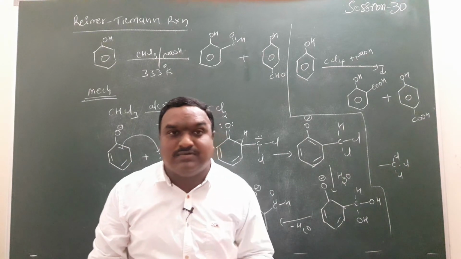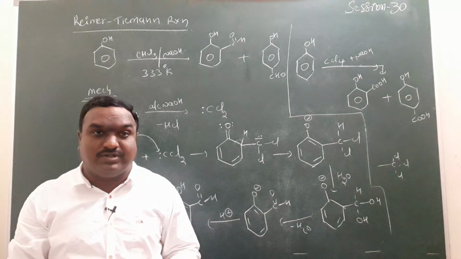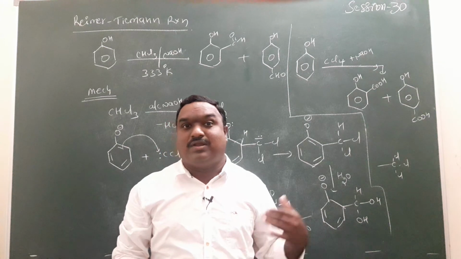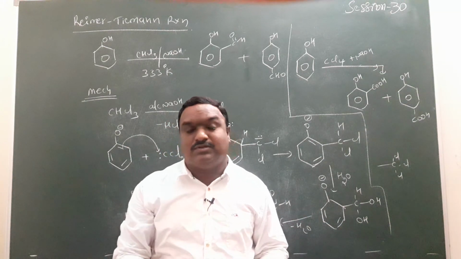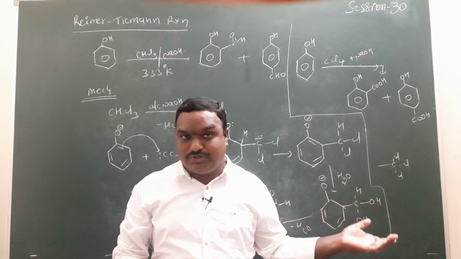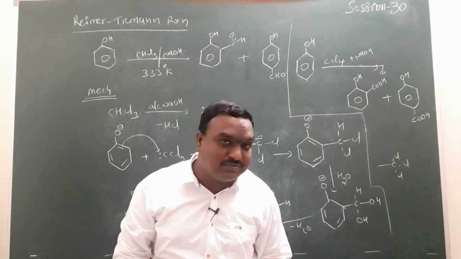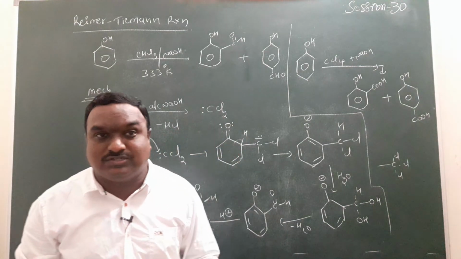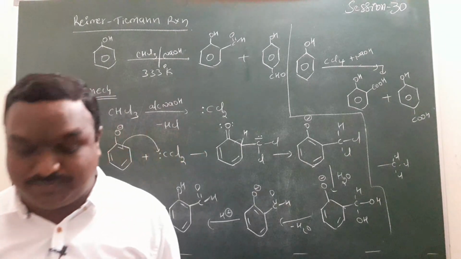You remember always, if chloroform is given, aldehydes are formed, nothing but salicylaldehyde or para-hydroxybenzaldehyde. If carbon tetrachloride is given, ortho-hydroxybenzoic acid and para-hydroxybenzoic acid are formed. The reaction is generally called the Reimer-Tiemann reaction. Dichlorocarbon is a neutral electrophile.